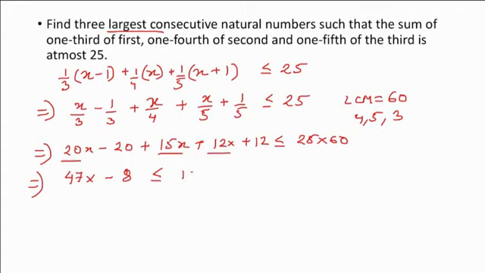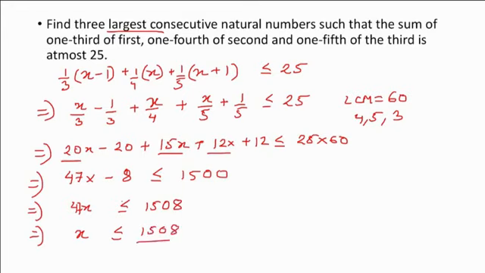So 25 times 4 is 100, 25 times 2 is 50, so we have 1500. We can write it as 47x is less than or equal to 1500 plus 8, so 1508, and then we can write it as x is less than or equal to 1508 divided by 47.